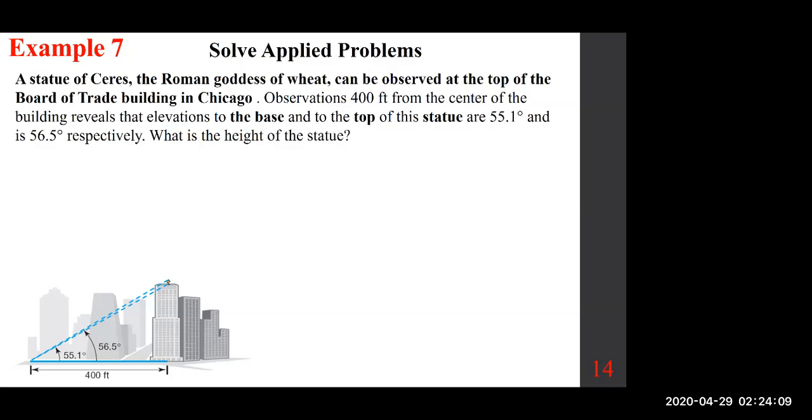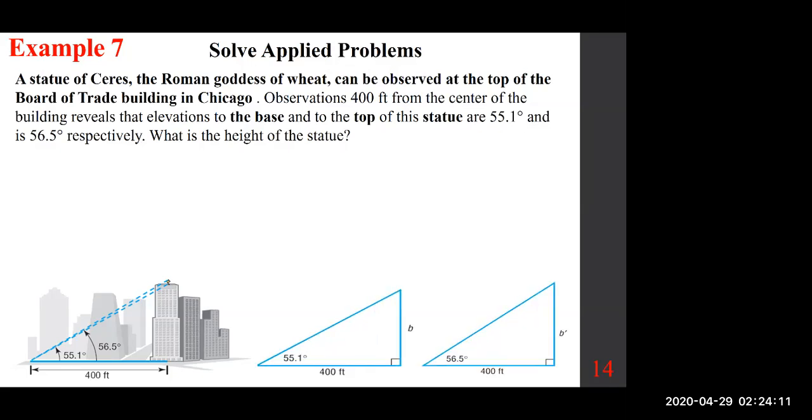In other words, take a look at these two setups. The base is 400 feet. So 55.1 degrees versus 56.5 degrees. 55.1 to the base and 56.5 to the top.